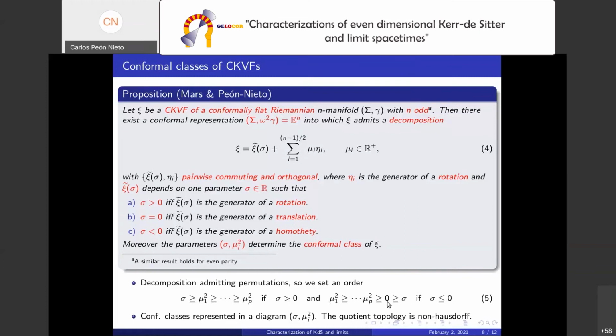When sigma is negative, we keep the order in the mu's, and sigma is the only negative or zero parameter. With this order, now the conformal classes can be represented in a diagram of mu, sigma squared, and we have calculated the quotient topology, and it happens to be non-Hausdorff, which has interesting consequences in our analysis.